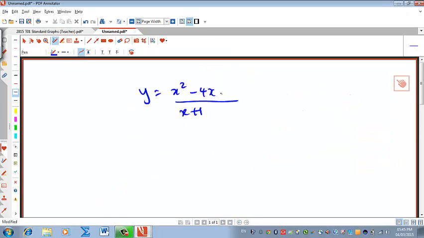Okay, we have x squared minus 4x plus 4 over x plus 1. To study the portion where there is no x or y values, we try to rearrange this equation in this manner.